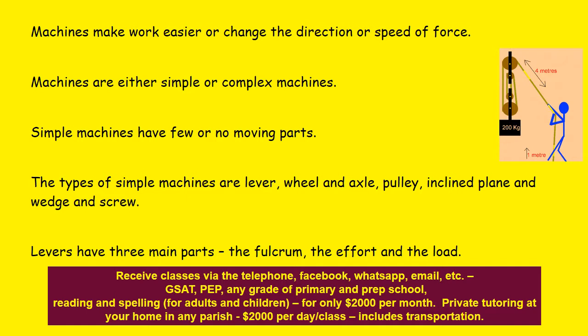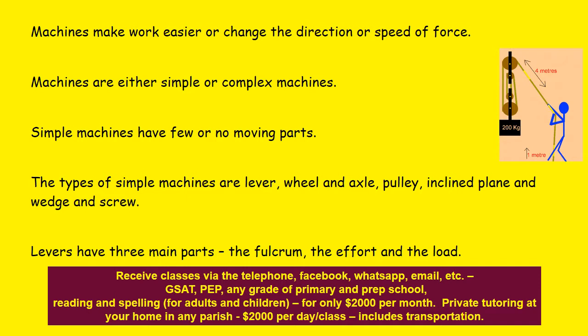Simple machines have few or no moving parts. The types of simple machines are lever, wheel and axle, pulley, inclined plane, and wedge and screw. Levers have three main parts: the fulcrum, the effort, and the load.